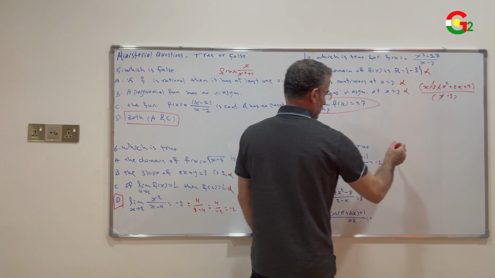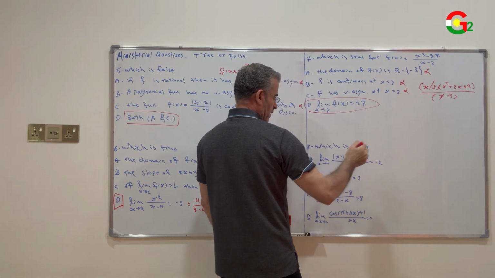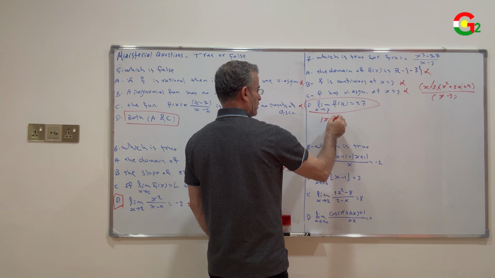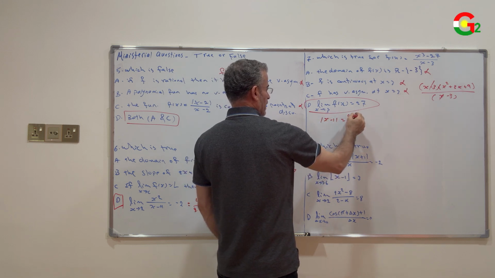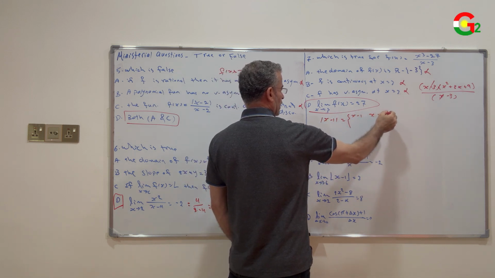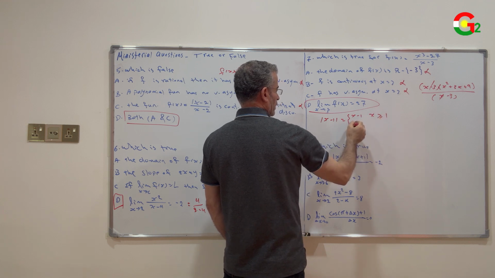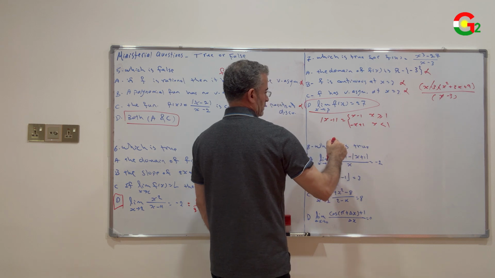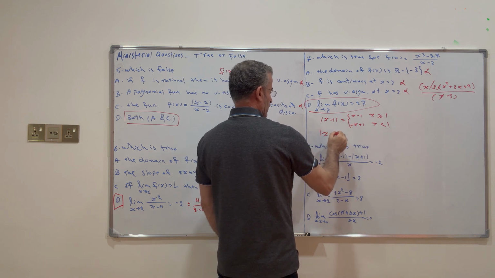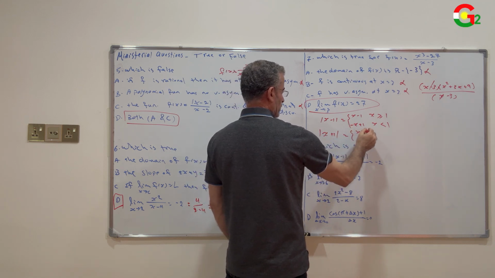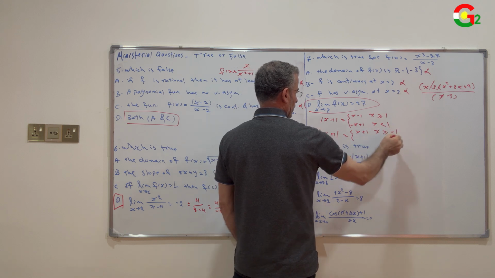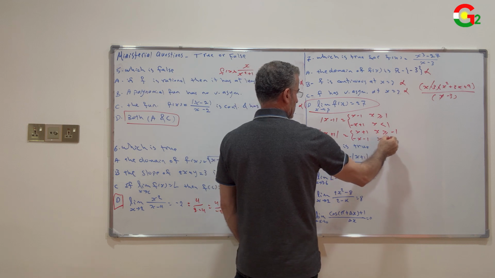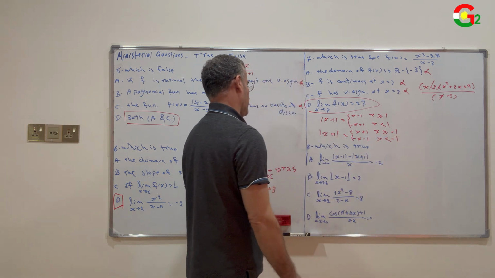Let us see. If we want to find this limit, we should rewrite these absolute values as x minus 1 when x is greater than or equal to 1, negative x plus 1 when x is less than 1, and absolute value of x plus 1 equal to x plus 1 when x is greater than or equal to negative 1, and negative x minus 1 when x is less than negative 1.